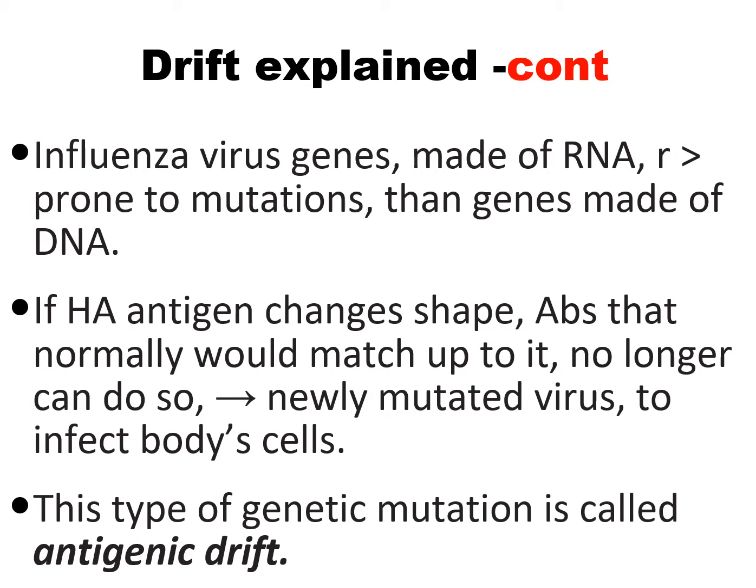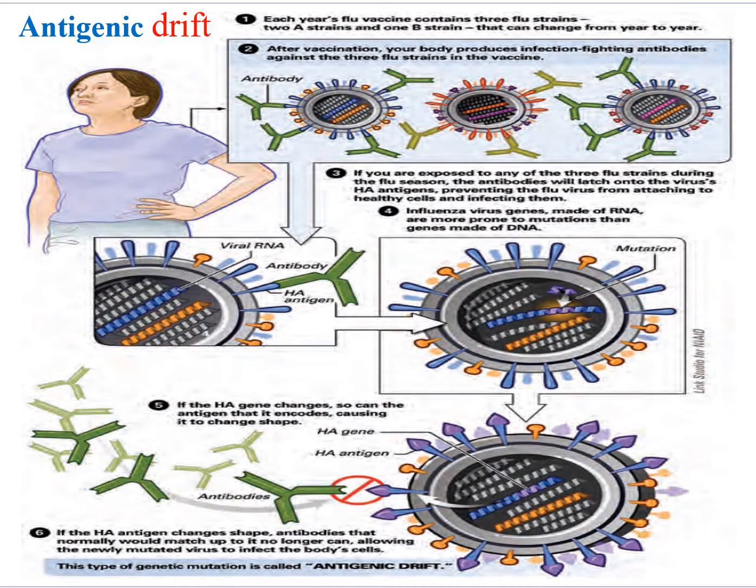This will lead to the newly mutated virus infecting body cells. This type of genetic mutation is called antigenic drift. This is a drift. This sketch explains what I have said. Print it and study it well.